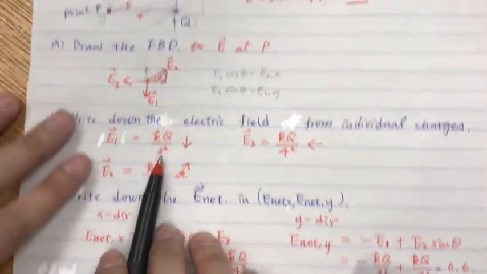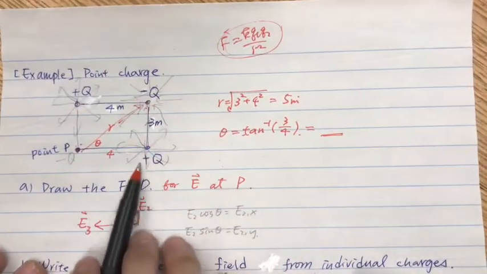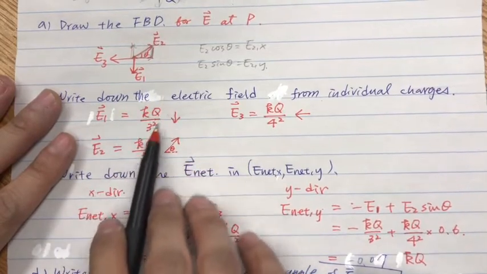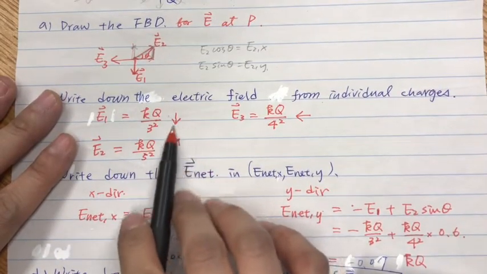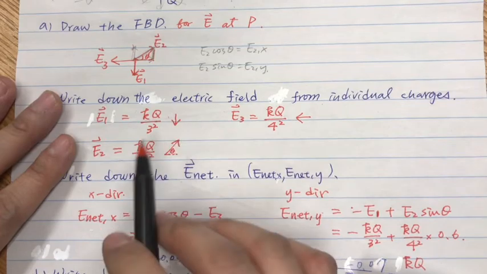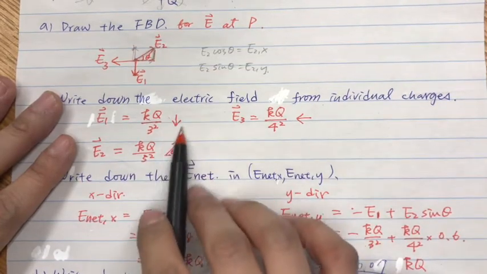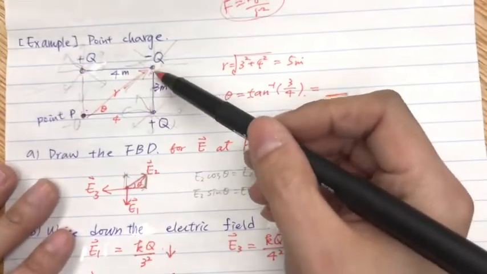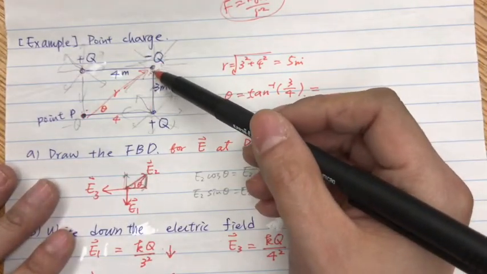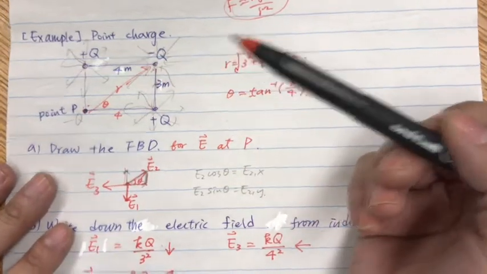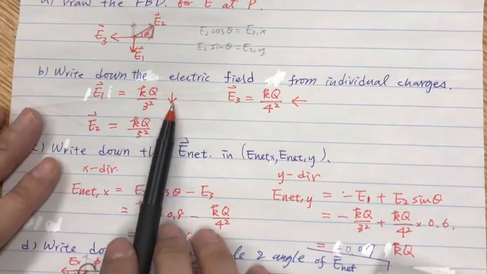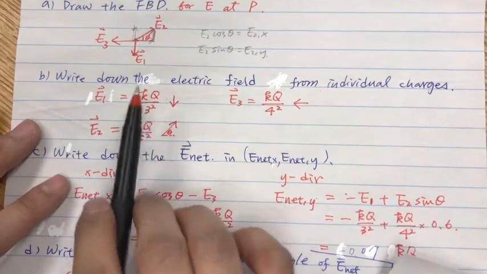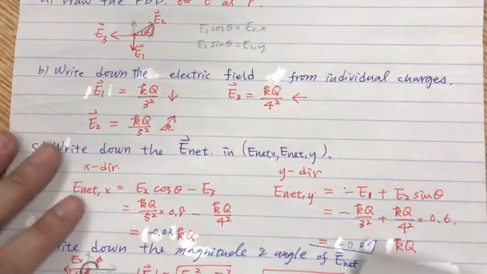Magnitude is always positive, so I will ignore all the positive and negative signs here. I always calculate the magnitude and then judge the direction by myself, from my physics intuition. Like if it's attractive, if it's repulsive. In electric field, I will judge whether the electric field should go outward, inward. So I will judge it from my physics intuition and keep the magnitude always positive.